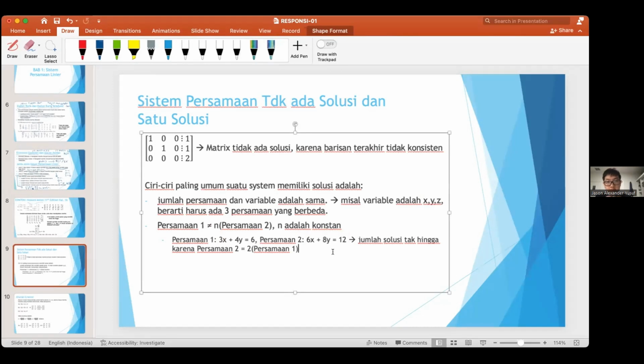If we were to multiply the first equation by 2, we will get the second equation. So if we see this straight, then automatically we can determine that the system has an infinite number of solutions. Okay. Next.